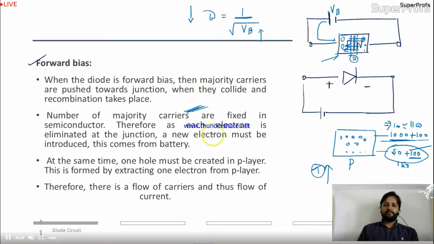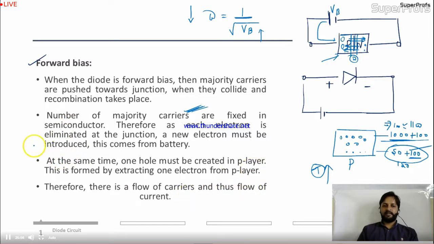Therefore, as each electron is eliminated at the junction, a new electron must be introduced. This comes from the battery. Because of the battery, we are getting extra energy into the circuit. At the same time, one hole must be created in the P layer. This is done by extracting one electron from the P layer. Therefore, there is a flow of carriers and thus a flow of current.